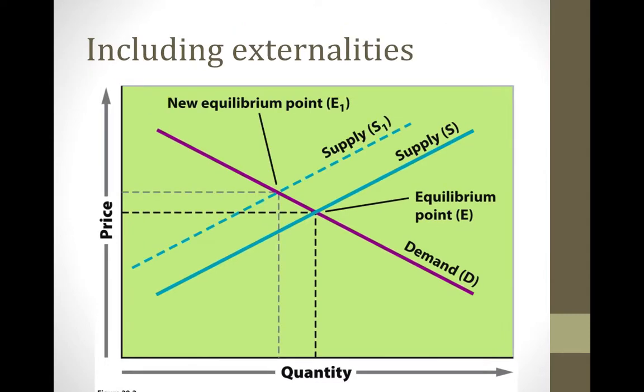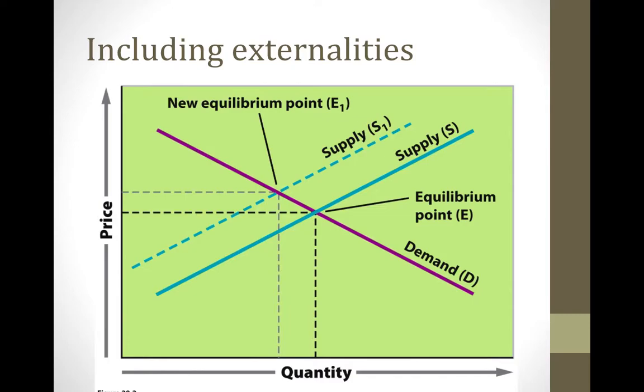Now, when we start to include externalities, we see this supply and demand curve shift a little bit. So what happens is we move from the original equilibrium point E to the new equilibrium point E1, which is a little bit farther along that curve. So when the price increases, the supply decreases.